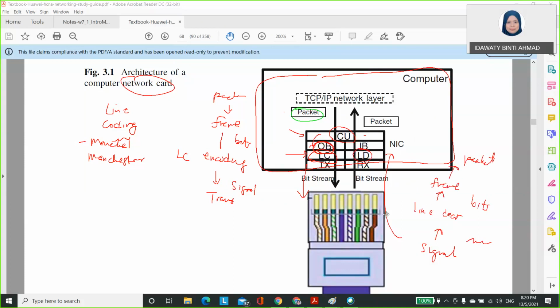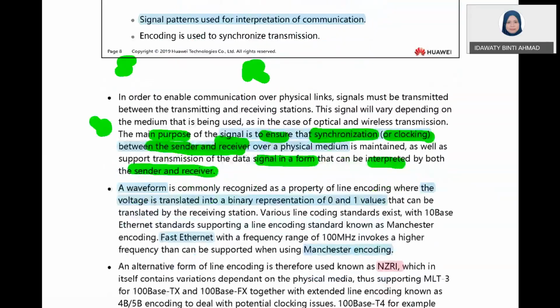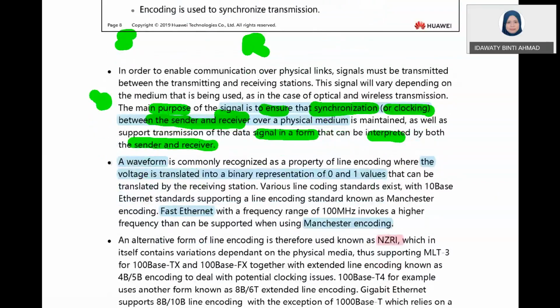Okay, so I want to emphasize this line encoding, LC, and decoding, line decoding here, LD. The process happens in the network card. Alright, you can check what Manchester encoding is.